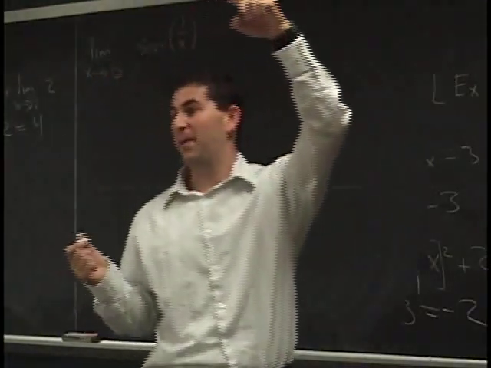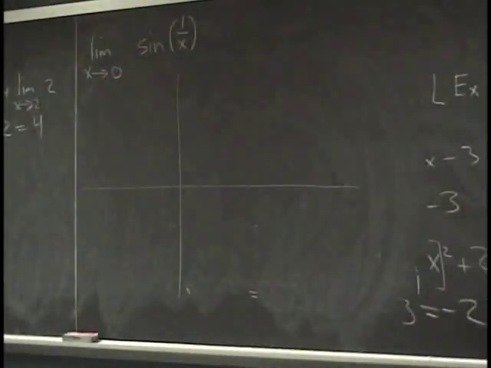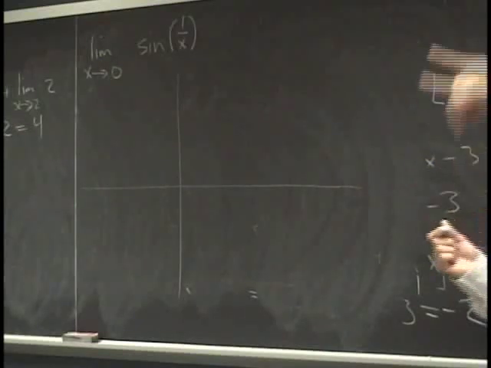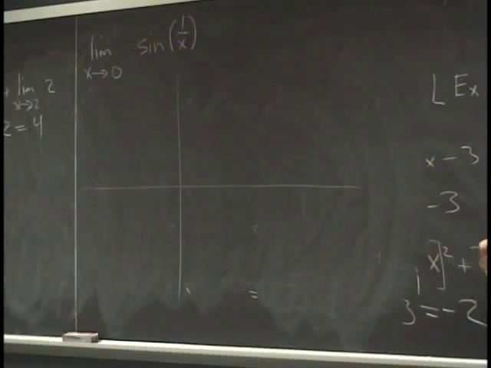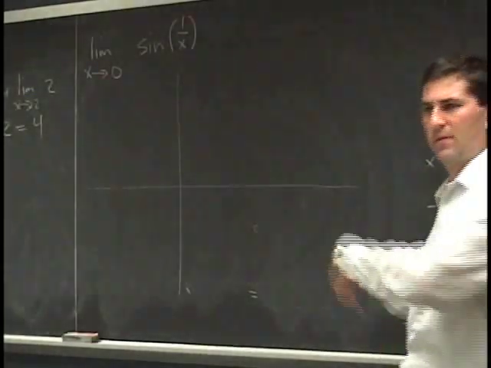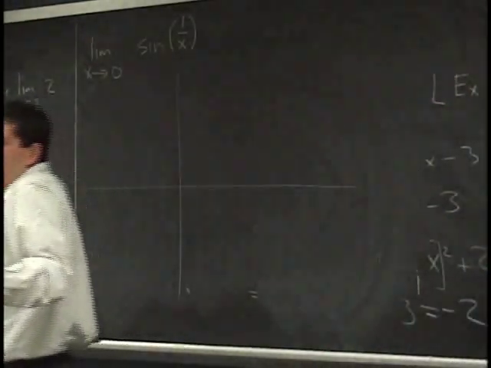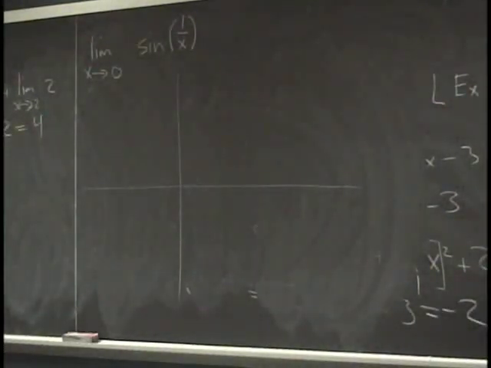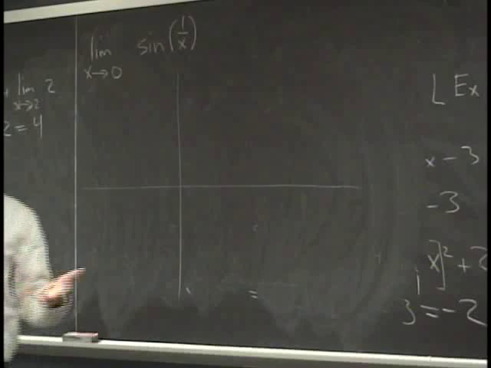It's going to go up, down, up. We can't go any further, but in our minds we can. What happens to sine as you go to infinity? It just oscillates, right? Does it go anywhere in particular? No, it doesn't go to anything. It just keeps on going up and down and up and down.